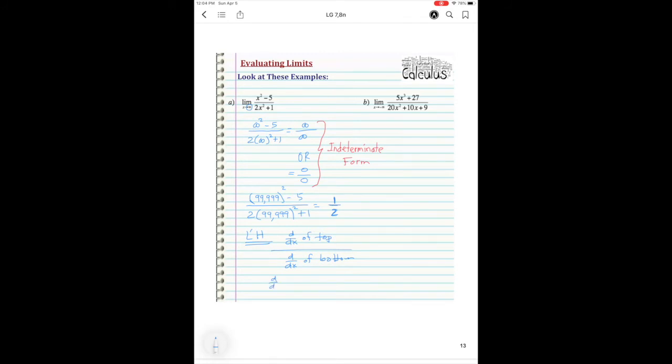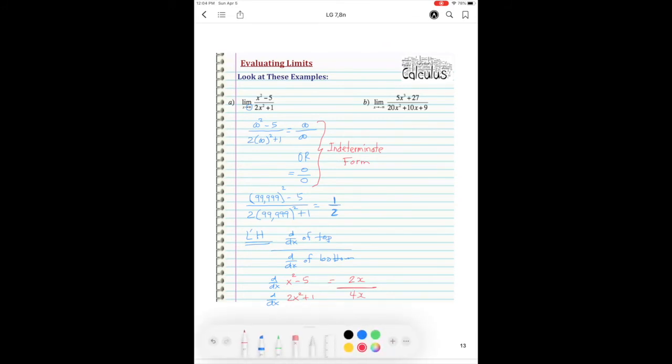Okay, so what's the derivative of x squared minus 5? Well, we know that is 2x. If we take the derivative of the bottom, which is 2x squared plus 1, we get 4x.